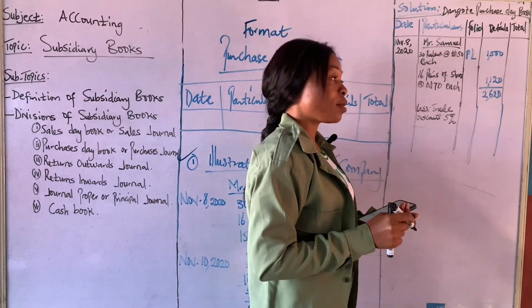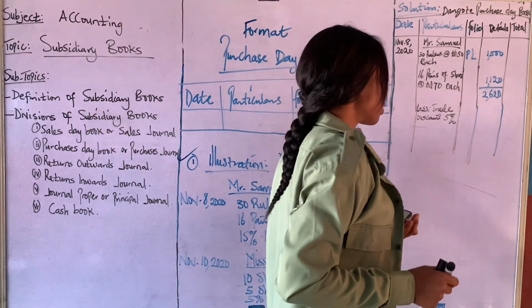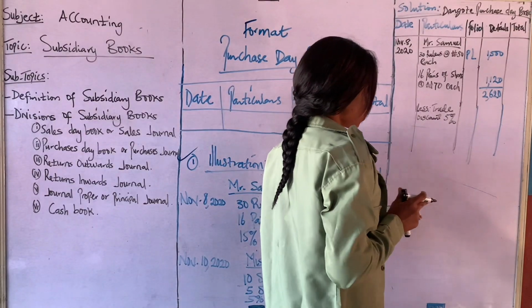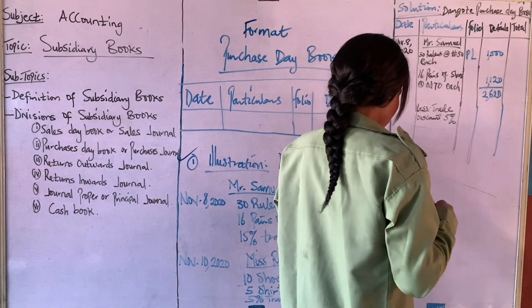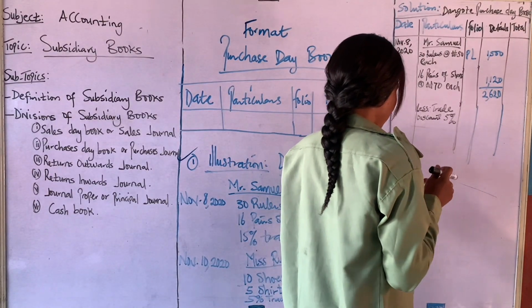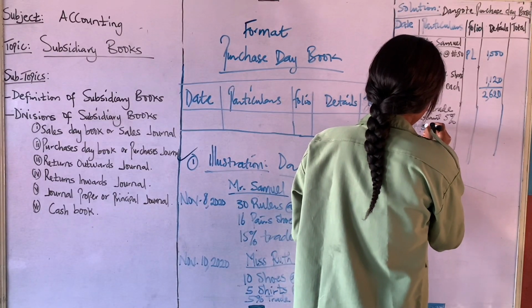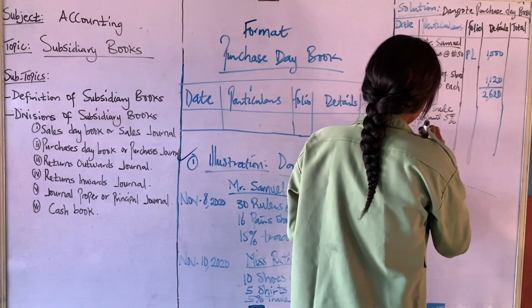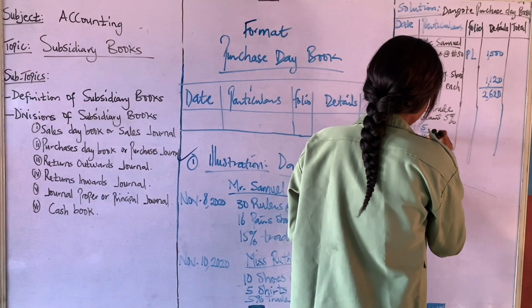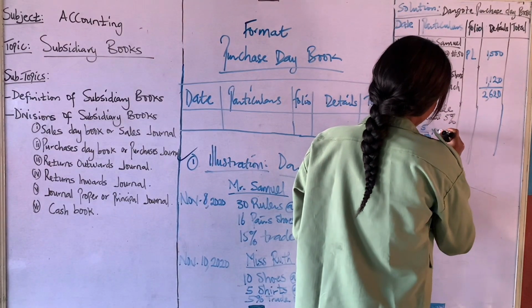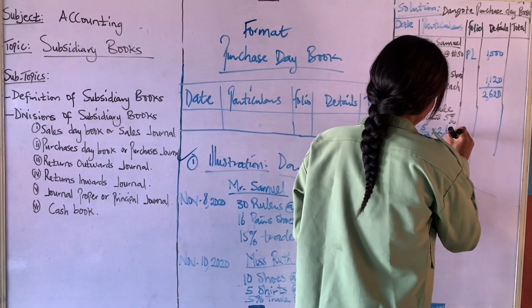Remember that discount is a reduction. Don't forget that. It's a deduction in the selling price of a product. So we will now say 5 divided by 100. Let's do it here. Say 5 divided by 100 times the amount, 2,620.